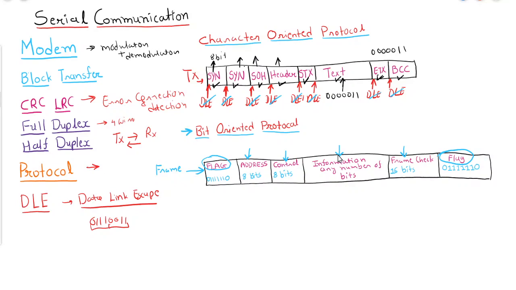If there are 8 bits, then we can specify 256 different addresses using these address bits. Now what will happen whenever there are 5 consecutive 1s? In that case a special character will be used. For example, there is a binary pattern 0 and all 1s.